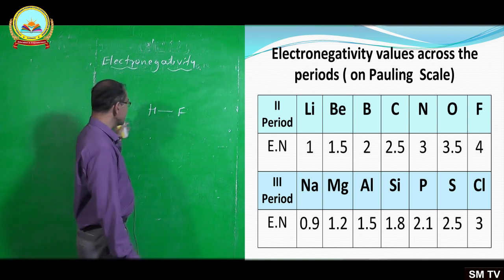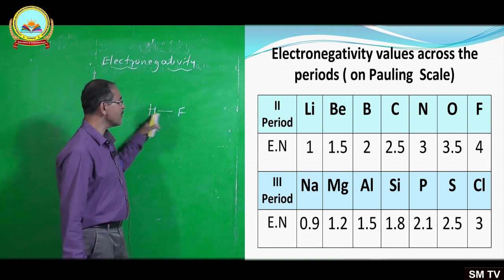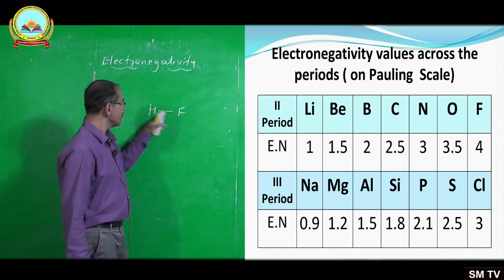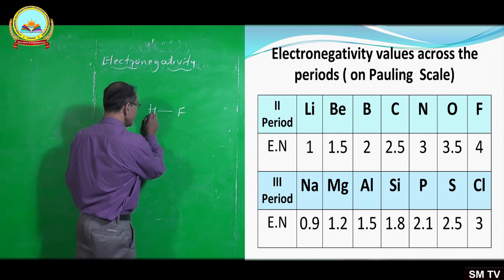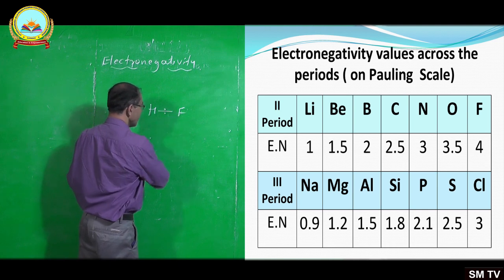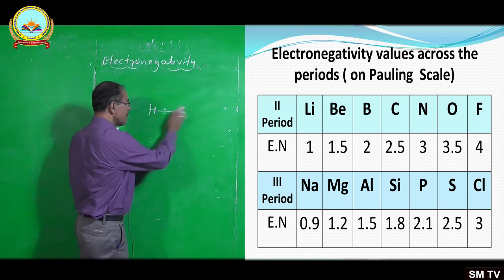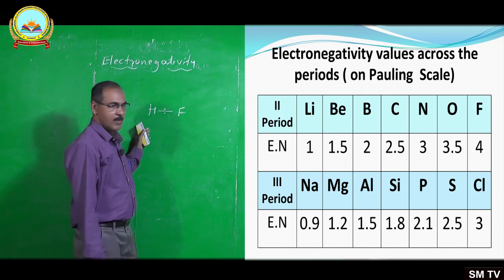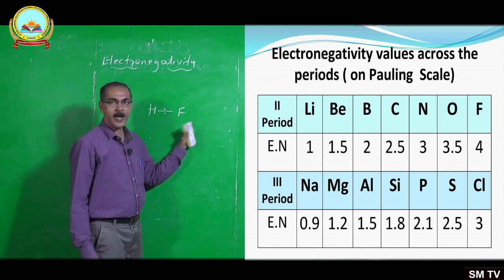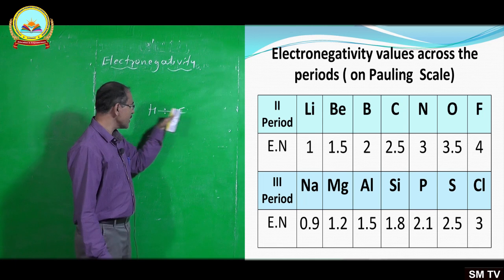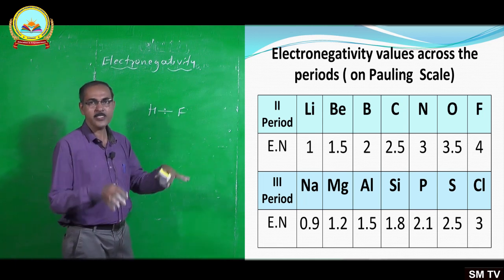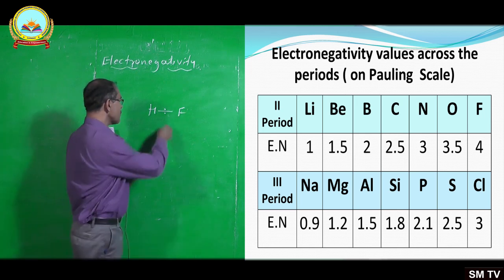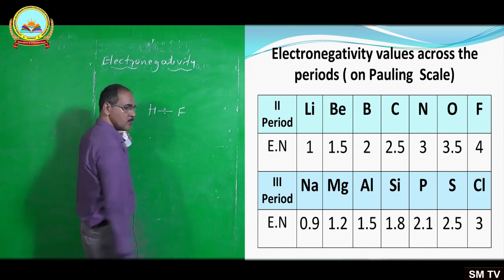There is a covalent bond between hydrogen and fluorine. An electron pair is shared between hydrogen and fluorine like this, thereby a bond is formed. The sharing is 50-50: hydrogen gives an electron, fluorine gives an electron. Equal contribution, and an electron pair is shared between these two.